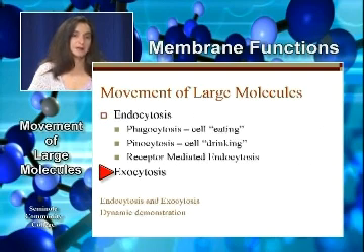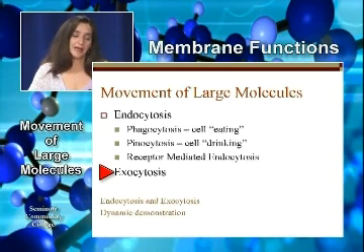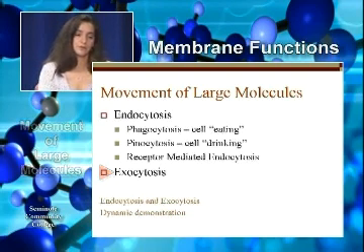Exocytosis is the process of exporting molecules from the cell to the outside of the cell. It is a basic process that happens all the time when we're transporting proteins and other macromolecules out of our cell. Now let's see a video that actually demonstrates the invagination of our cell membrane through endocytosis and exocytosis.